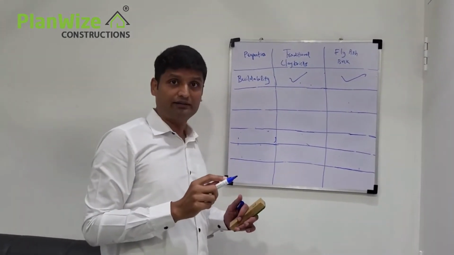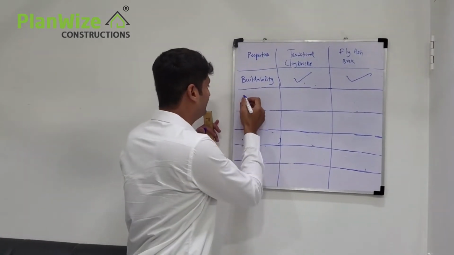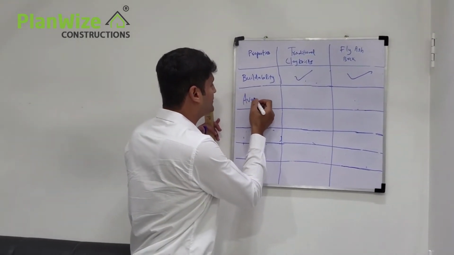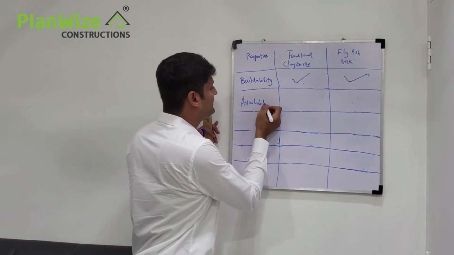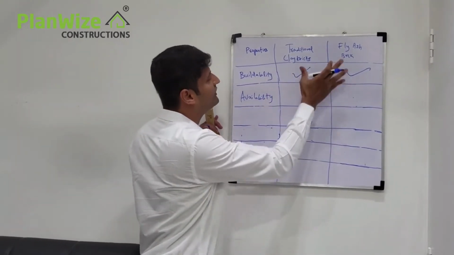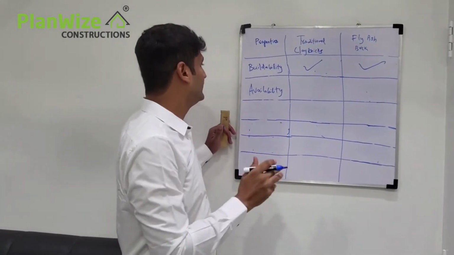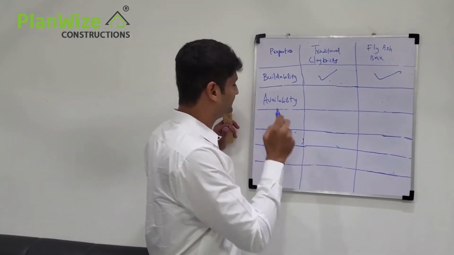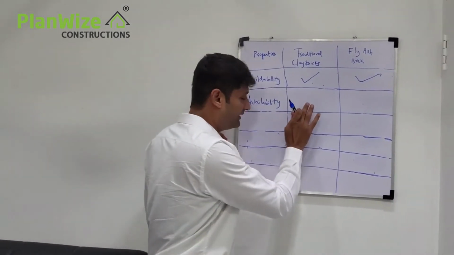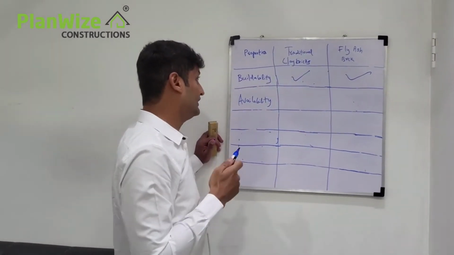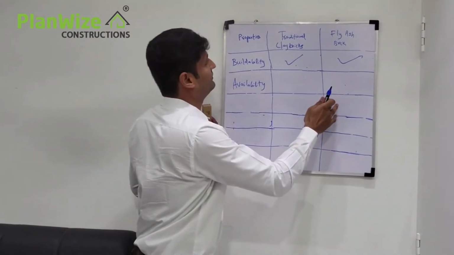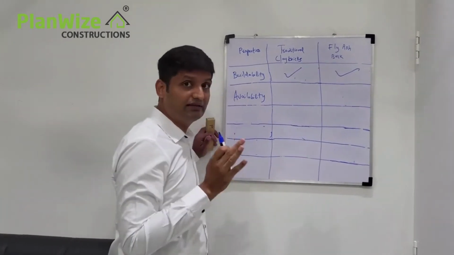The next point is the availability. Again, why are we considering this availability? Since fly ash brick is a relatively new product compared to clay bricks, we have to check the availability also. Now generally clay bricks are available, as most of us know. Now the manufacturing of fly ash bricks has increased.